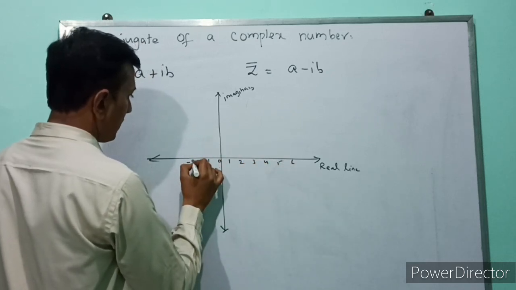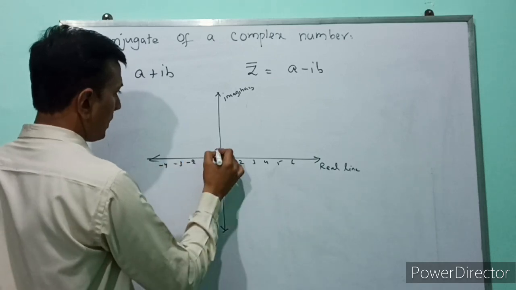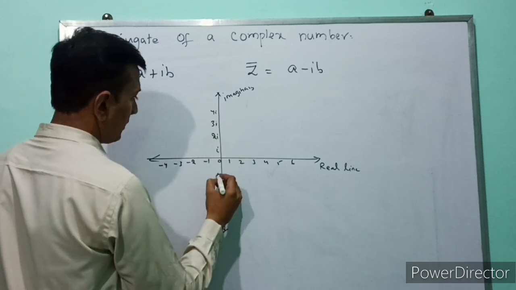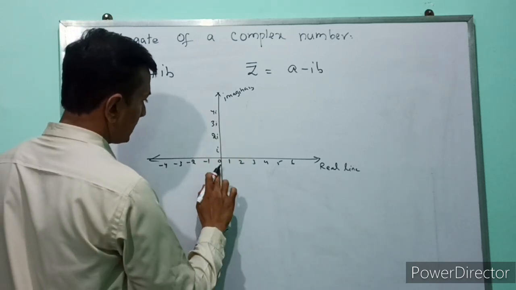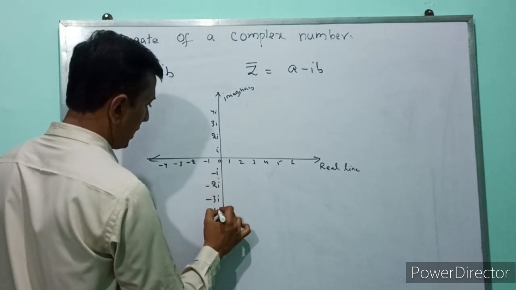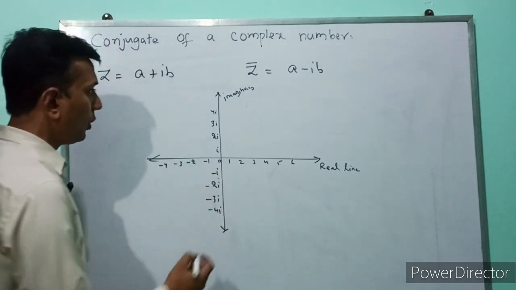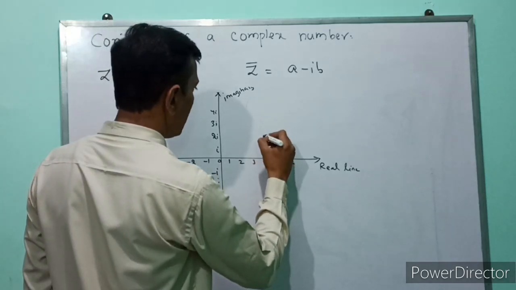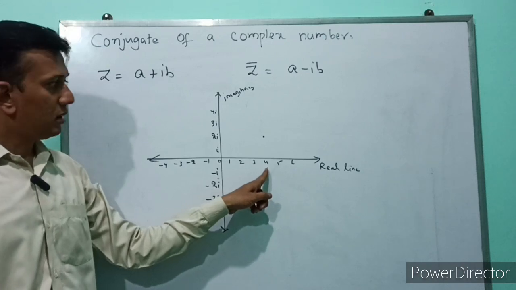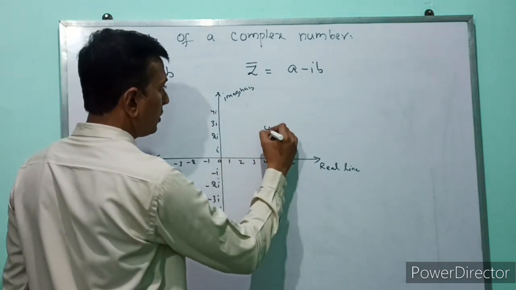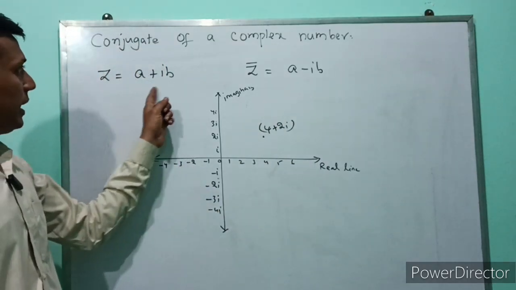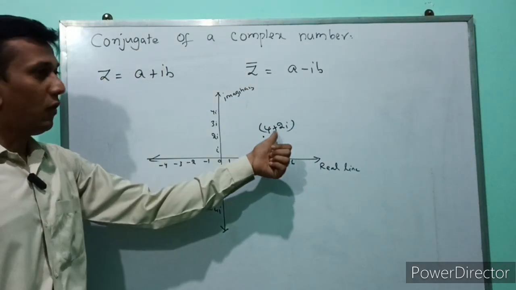Here also minus 1, minus 2, minus 3, minus 4, i, 2i, 3i, 4i, minus 2, minus i, minus 2i, minus 3i, minus 4i, etc. Suppose I have represented a number here whose coordinates are 4, 2i, nothing but 4 plus 2i. Its conjugate is nothing but 4 minus 2i.